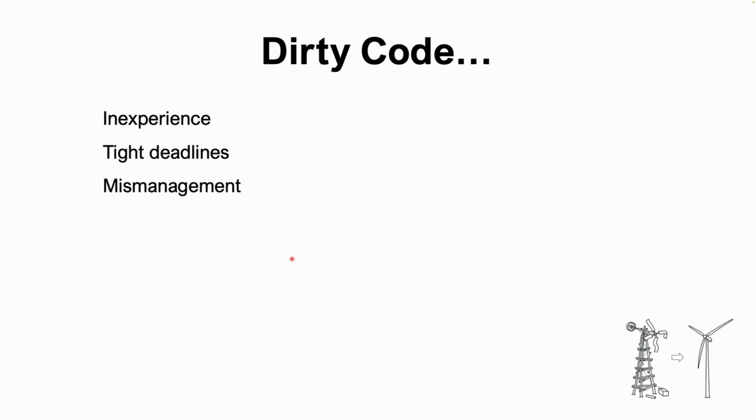Could also be due to mismanagement, that the management doesn't know that it takes time to develop software with a decent quality, and maybe you're taking nasty shortcuts, you're doing it the wrong way, you have bad habits when developing software, and that could be potentially very dangerous if you are using nasty shortcuts to complete the code.